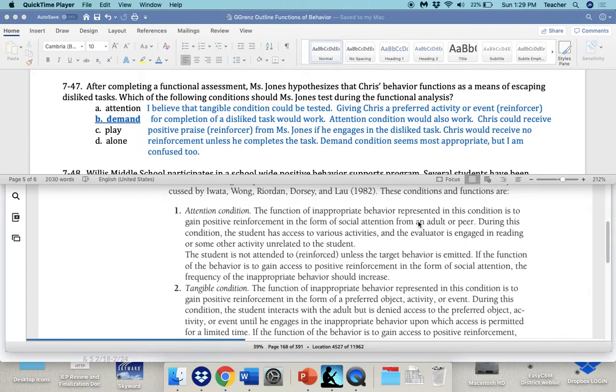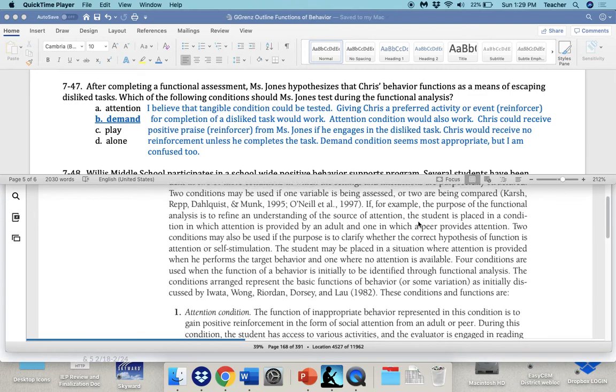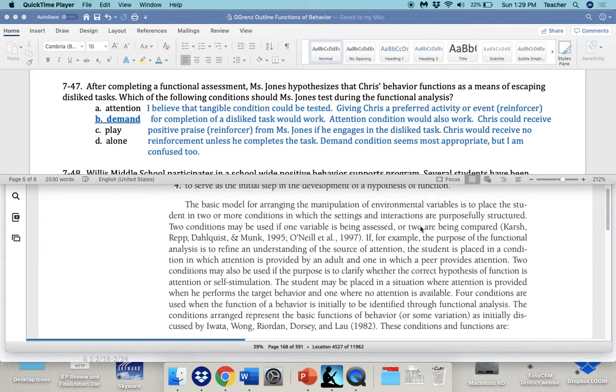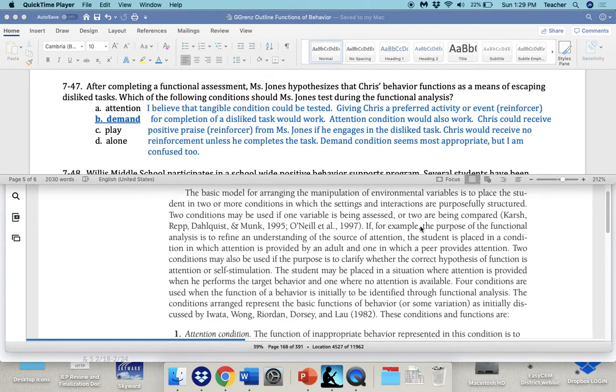So, when I was reading the book, it says that we manipulate the environmental variables and then we watch to see what the response is.